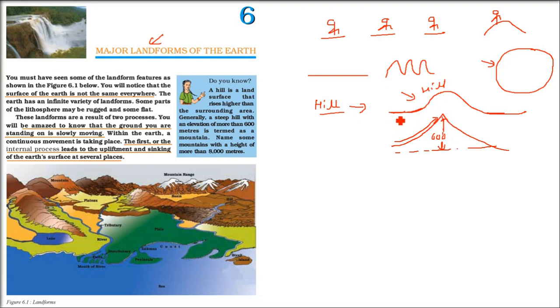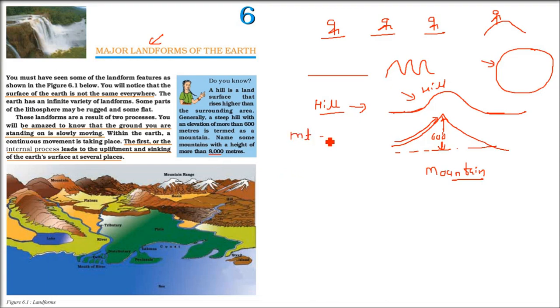If the distance from the mean sea level is around 600, we call it a mountain. So a hill will become a mountain when the height is more than 600 meters. There are certain mountains which are higher than 8,000 meters.